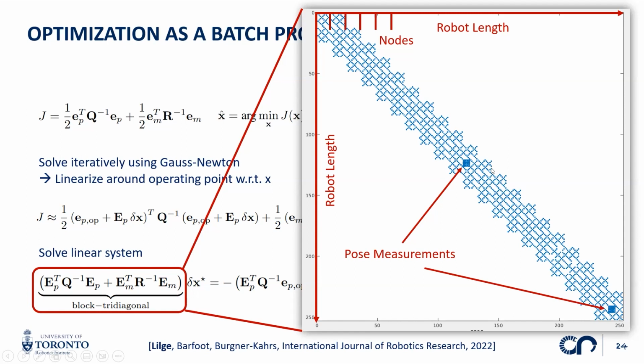So in this example, we have two discrete pose measurements, at half of the length of my robot and at the tip of the robot. And these only lead to fill-ins directly on this diagonal. So in any case, this system matrix is highly sparse, which allows me to solve this problem linearly with respect to the number of discrete nodes that I choose along my robot arc length. That is one of the main advantages of this method: how efficient it is.